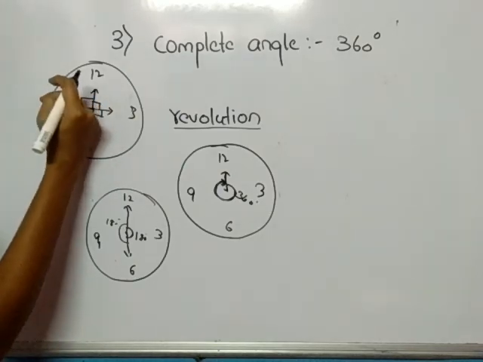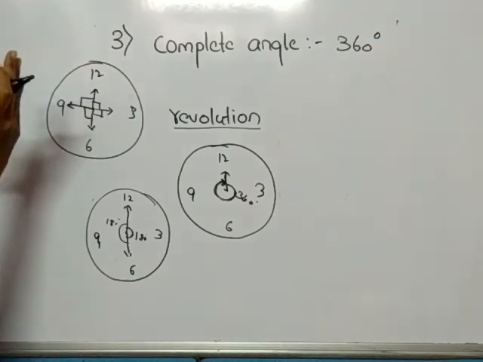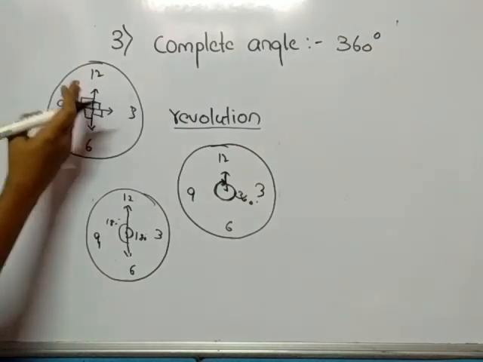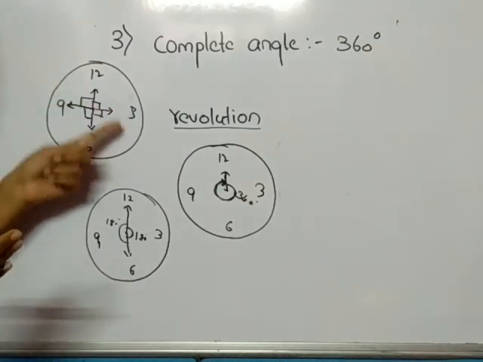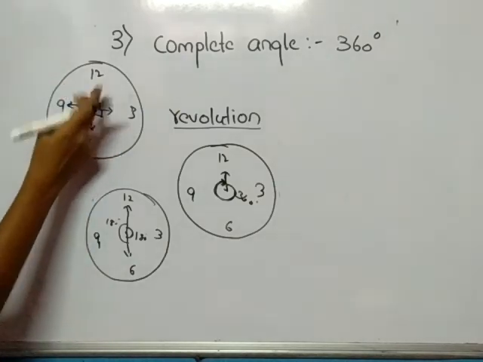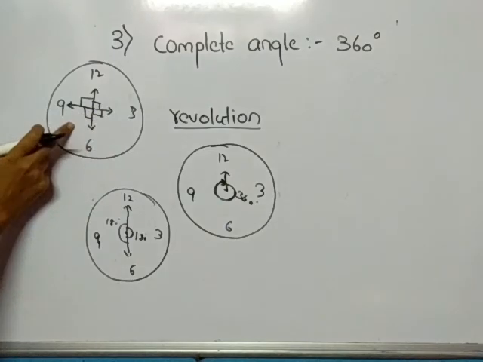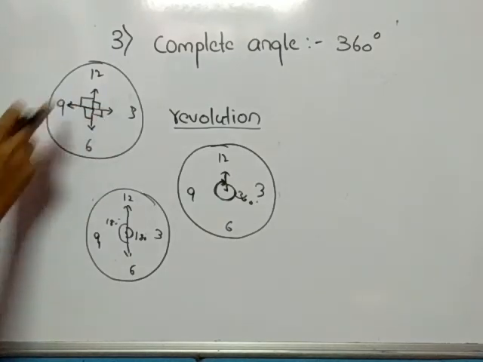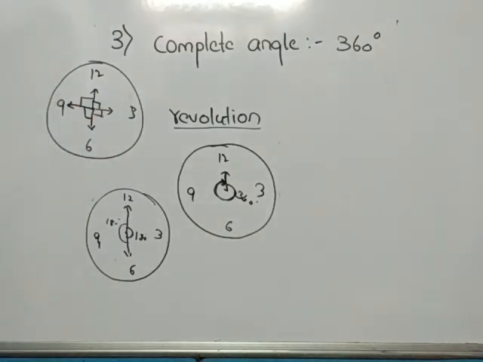As I told, the hand of the clock is coming back to the 12, so the hand is completing one complete angle. So you can see here, to make a complete angle, we count 1, 2, 3, 4. We require 4 right angles.